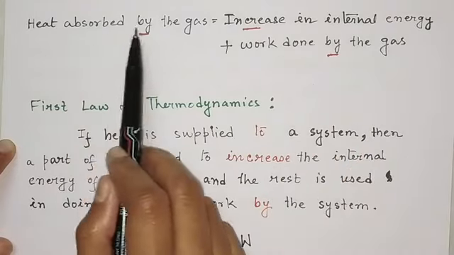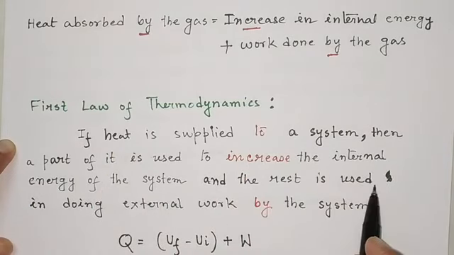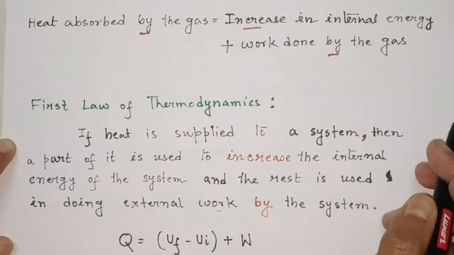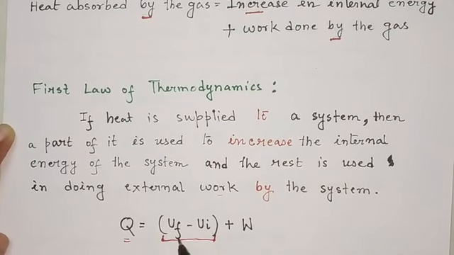A part of the heat absorbed by the gas is used to increase the internal energy, and the rest of the absorbed heat is used in doing some external work by the system, so work done by the gas. So if Q amount of heat is absorbed by the system, a part of it is used to increase the internal energy. We know that U denotes the internal energy, U_f the final internal energy and U_i the initial internal energy.